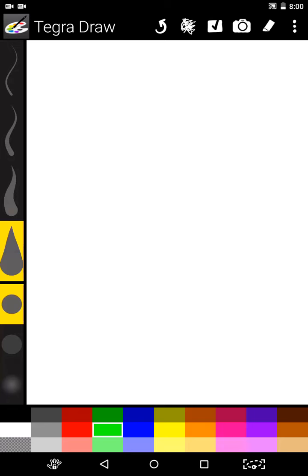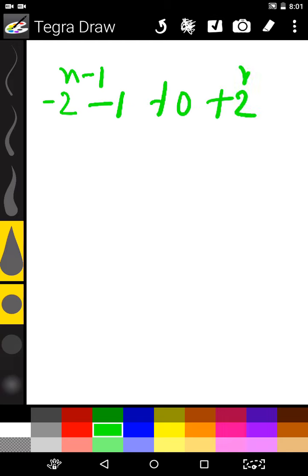In signed magnitude representation, for n bits, we can express minus 2 to the power n minus 1, minus 1 to plus 2 to the power n minus 1, minus 1. This is the range of numbers we can represent.